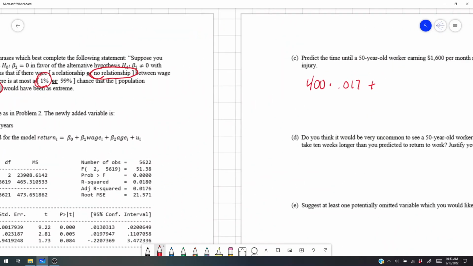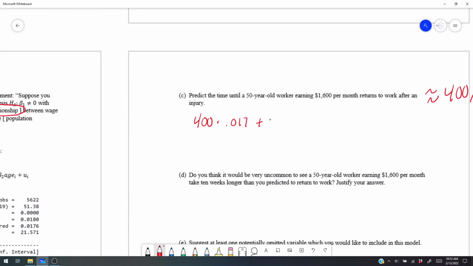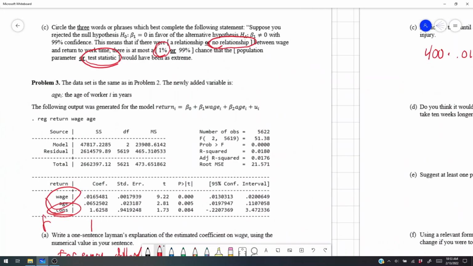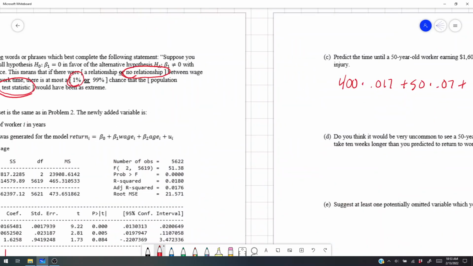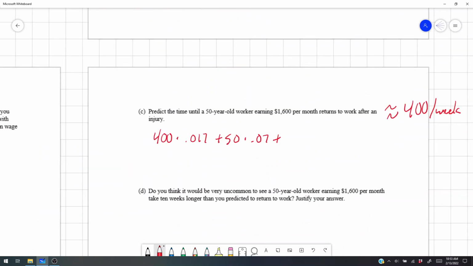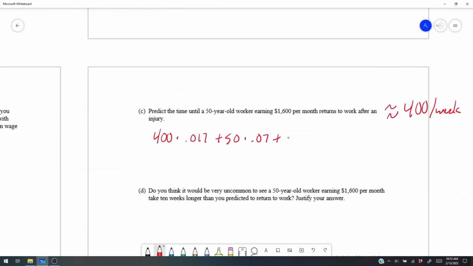Okay. 50 times 0.07 plus, and then what's the constant? 1.6? Yes, it's 1.6258 plus 1.6. And I want you to crunch that out and see what you get. That will be the time until a 50-year-old worker earning about $400 per week returns to work after an injury. Equals question mark.